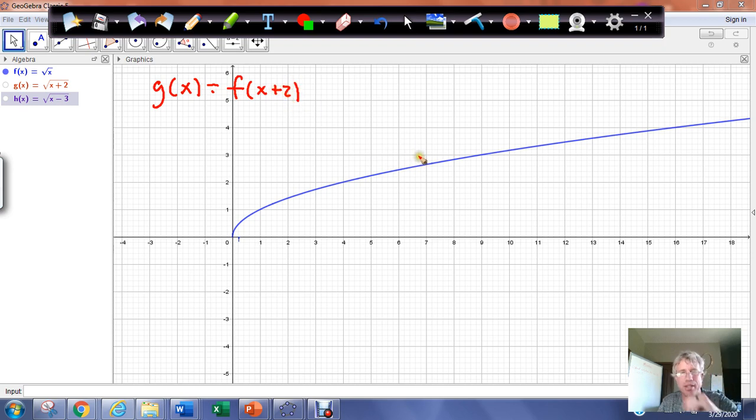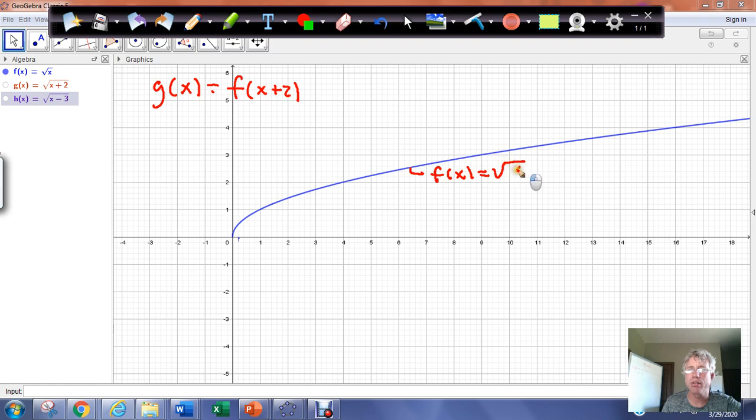So the first step, I think, in these is to look at the function that you're given, and identify which toolbox function it is. This particular one is the toolbox function f of x equals the square root of x.